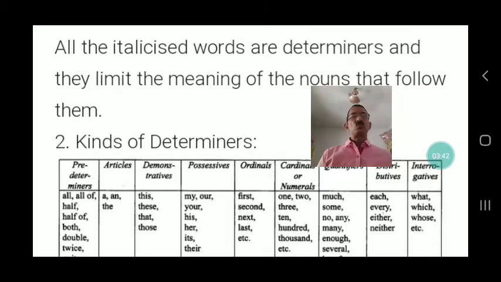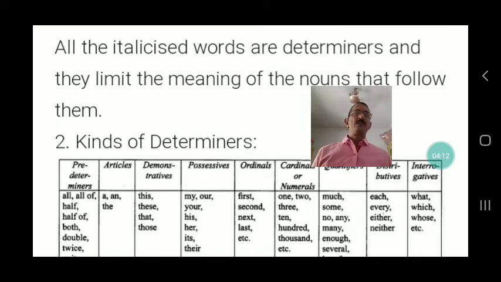Your shoes points out whose shoes. And if you say expensive shoes, it means the quality is expensive. Adjectives change their form from positive to comparative and superlative, but determiners do not change their form.